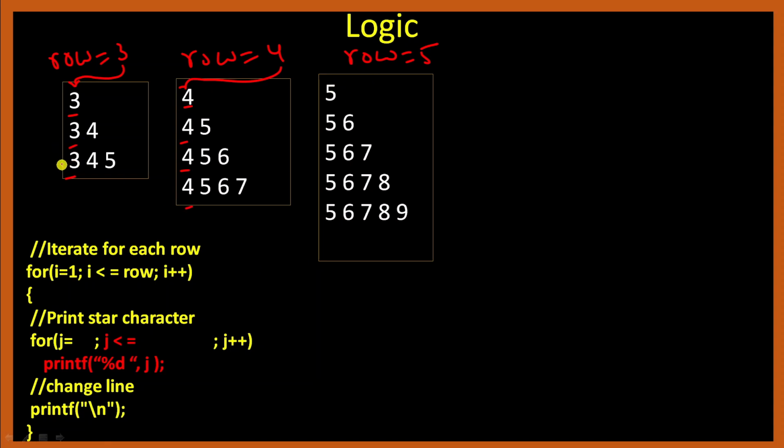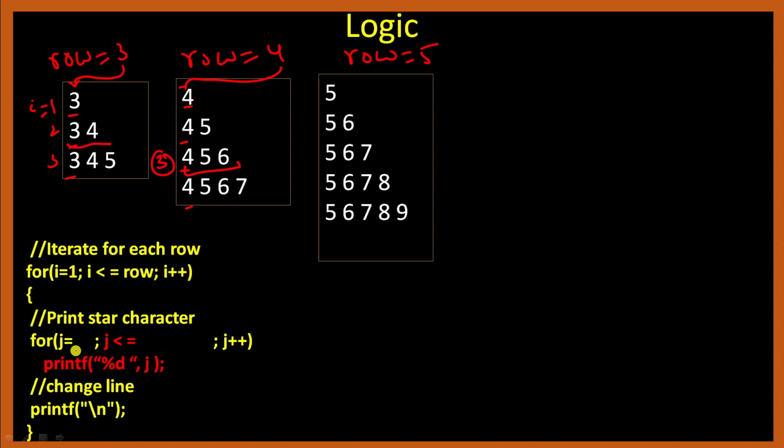Otherwise everything is the same. In each row, for example for i equal to 1, 2, 3, the second row has 2 digits. Even if we give 5 rows, the third row has 3 digits. Everything is the same, and things are in increasing order in each row too. Only the starting point is changed.